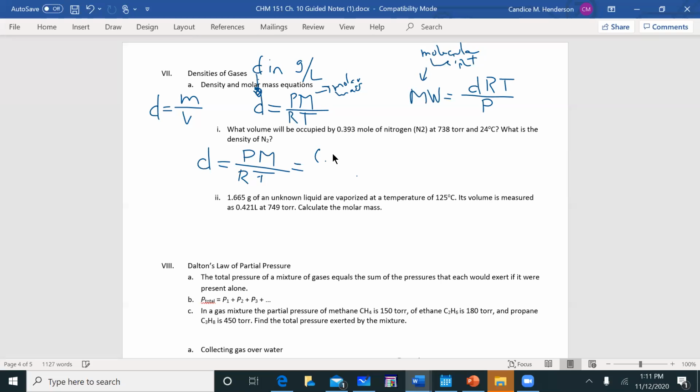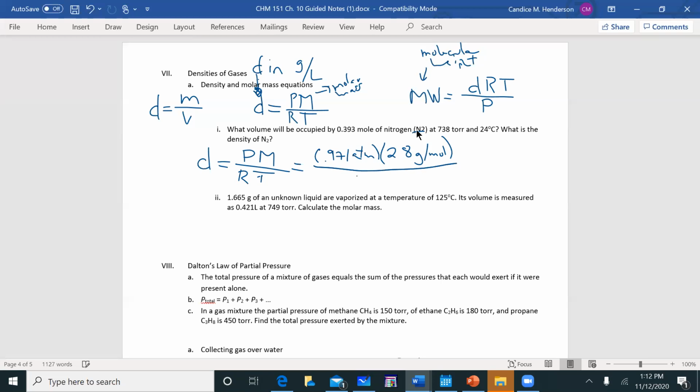So 0.971 ATM. We multiply that by the molar mass. The molar mass of N2 is going to be 28 grams per mole, because it's diatomic.